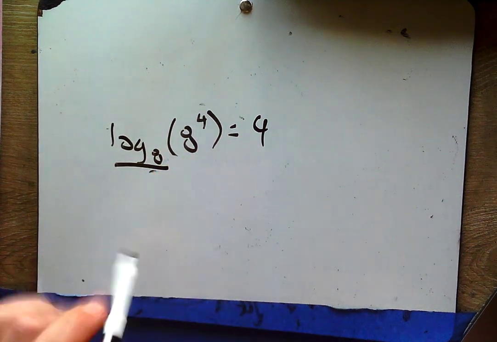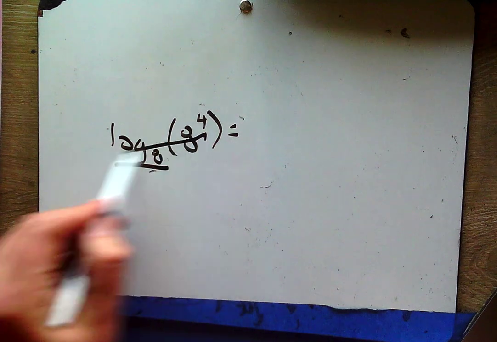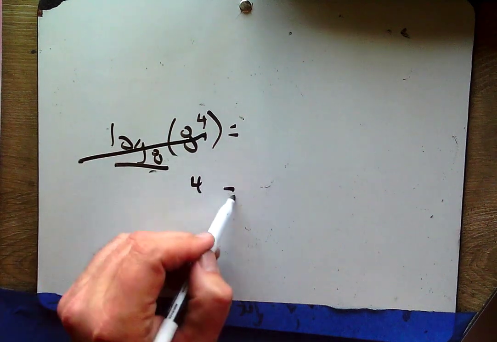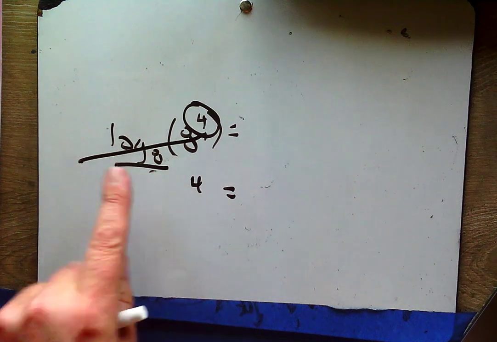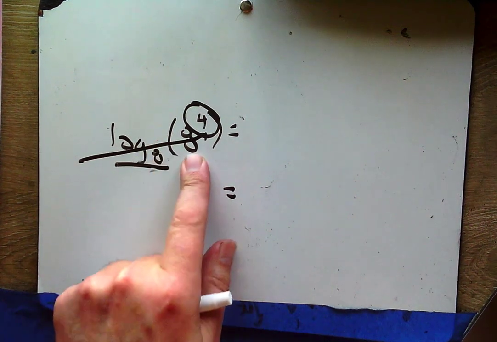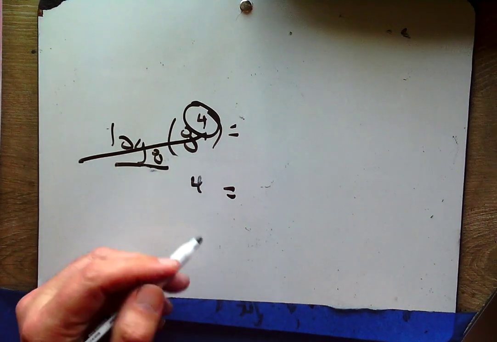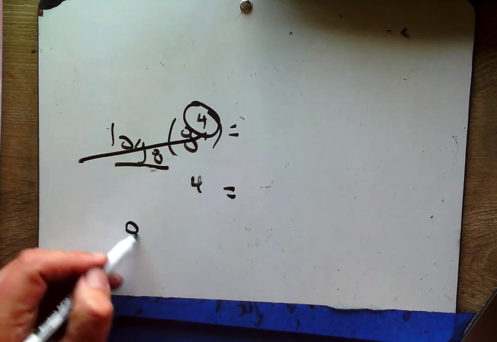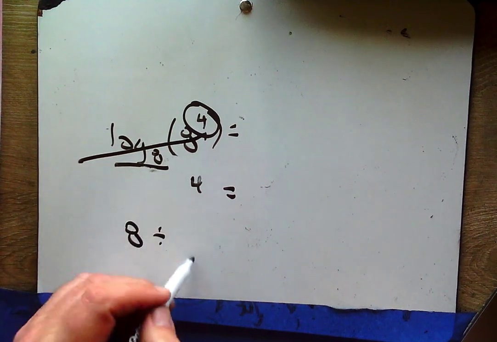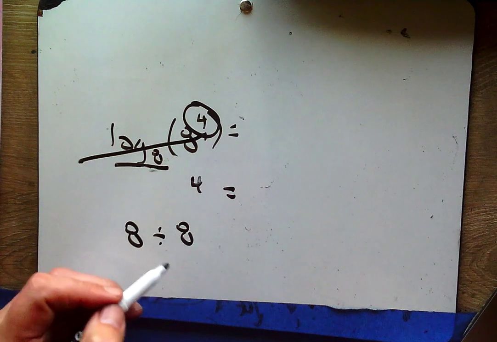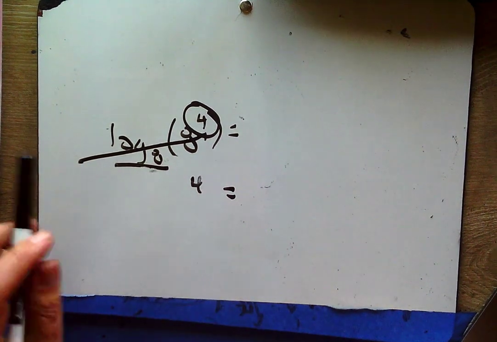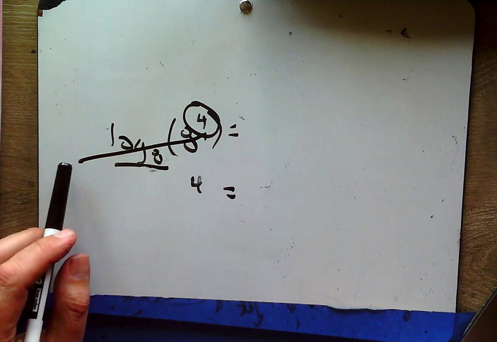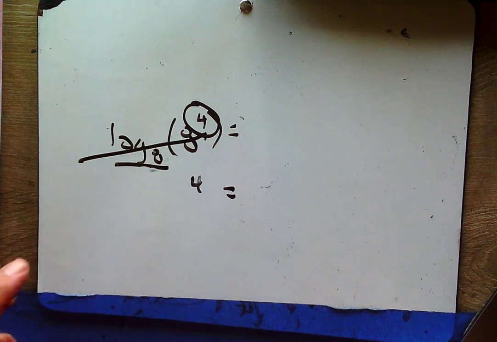When these are the same, I can just cancel them. And I'm left with that power. Log base 8, 8 to the power of, these are inverse operations. It's not unlike saying 8 divided by 8, and then times 8. There we go.